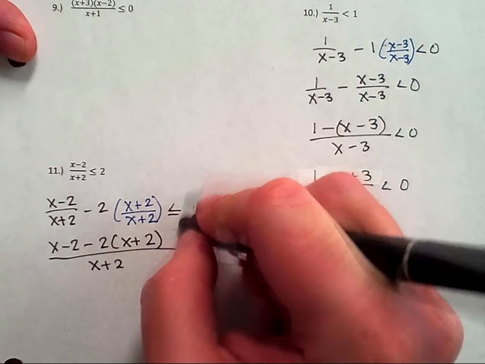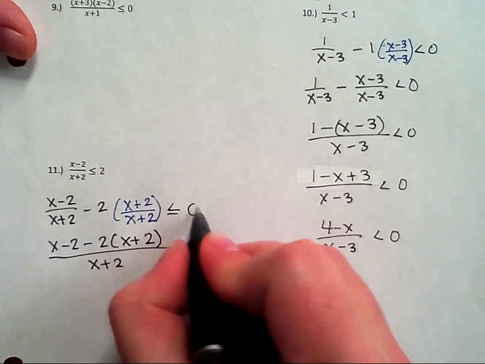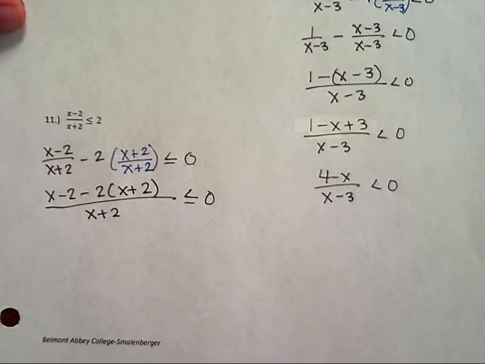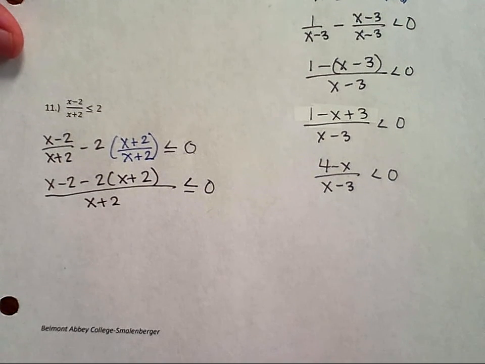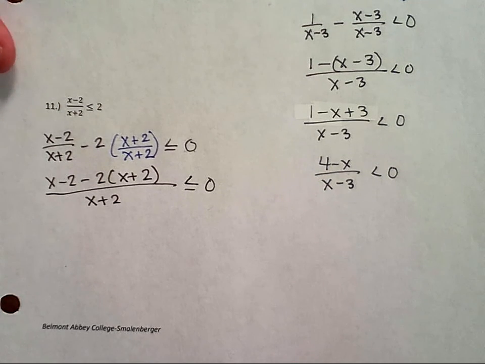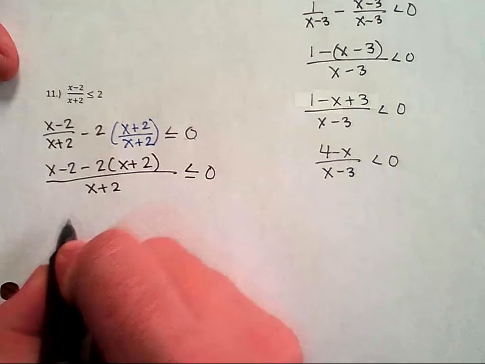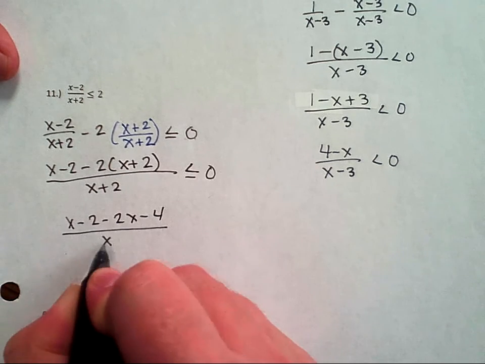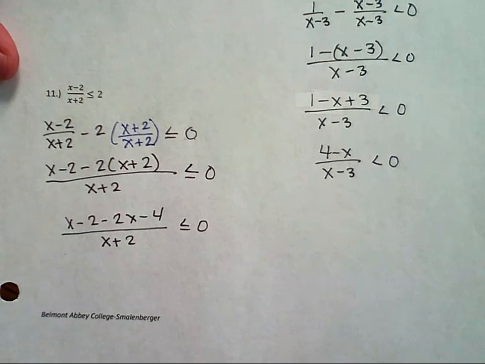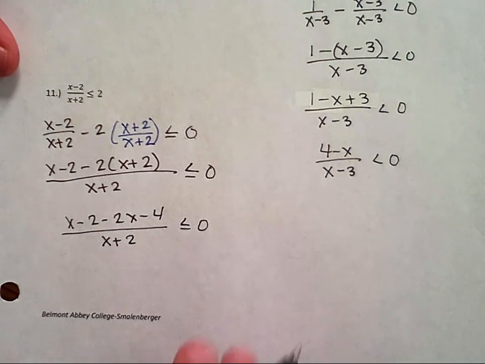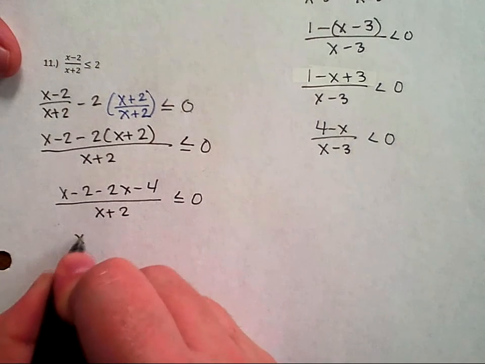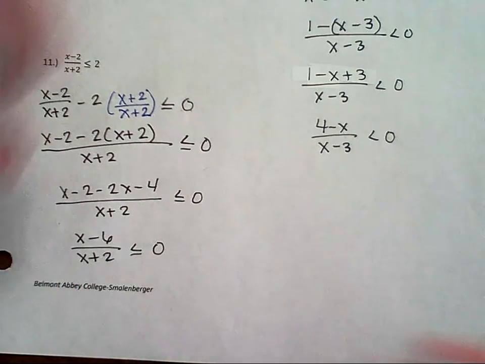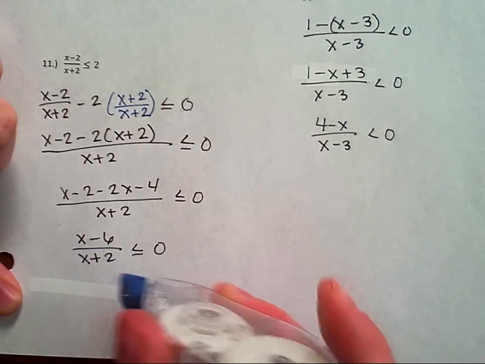Oops. Am I right so far? Yes? x minus 2 minus 2x minus 4 over x plus 2. Now combine like terms. Now same exact thing as before. So I'll finish this one up.